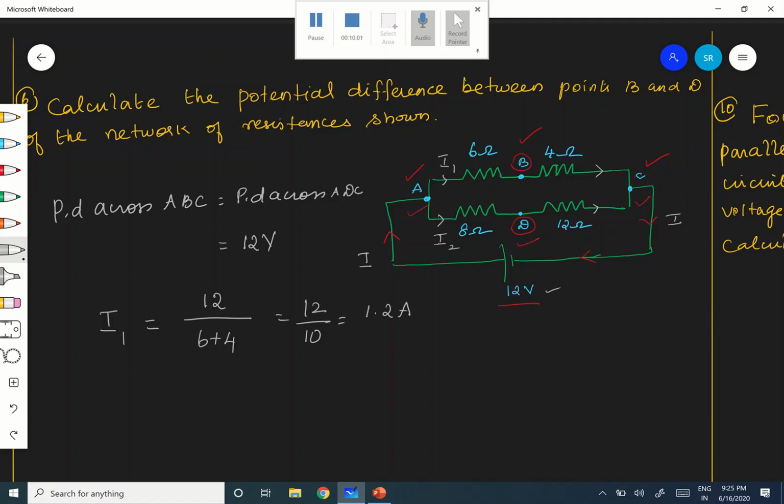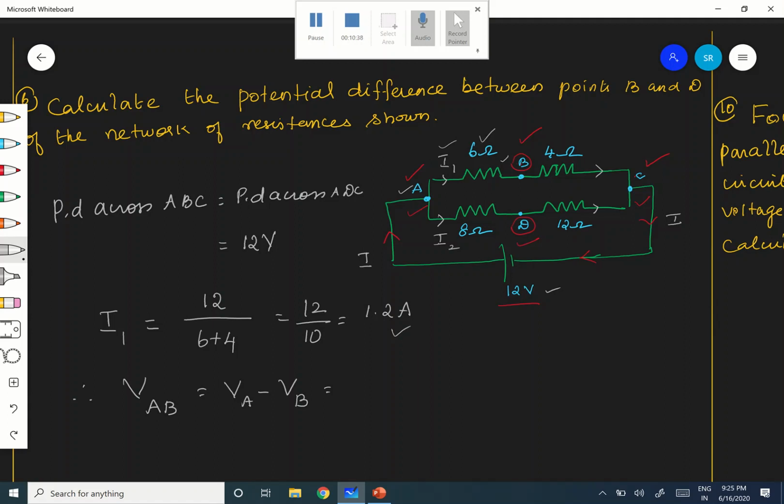Now tell me, what is the potential difference between A and B? A is at a higher potential. VAB is equal to VA minus VB. The current here is 1.2 and the resistance is 6.